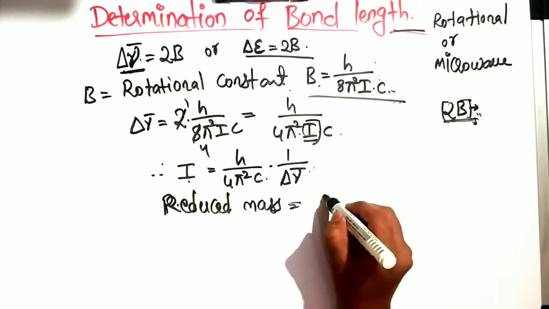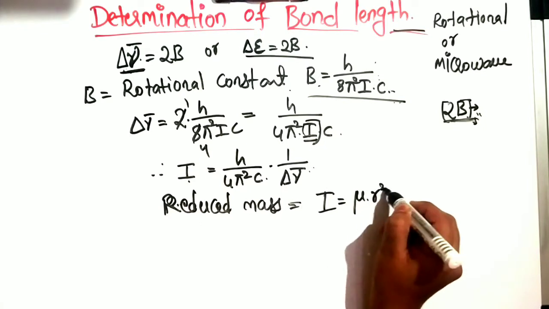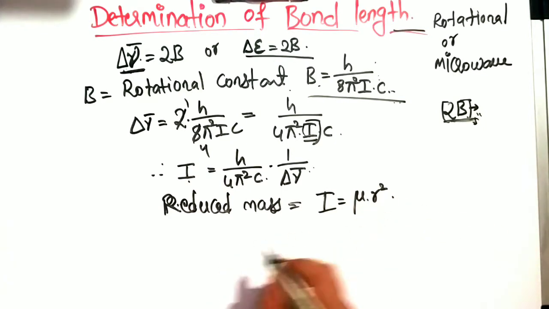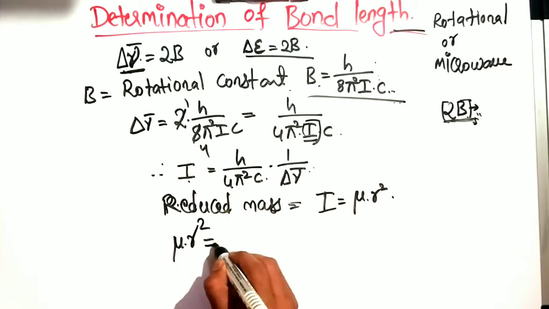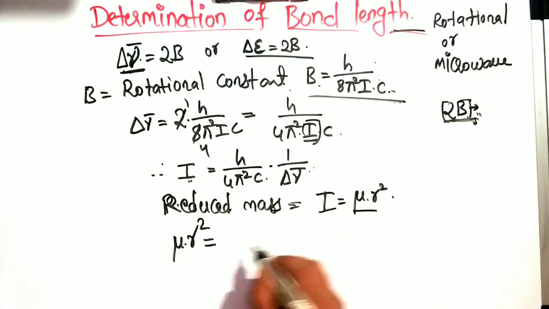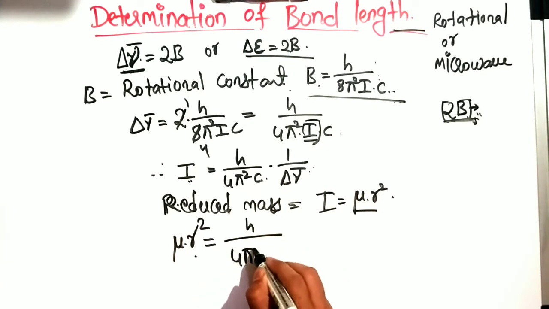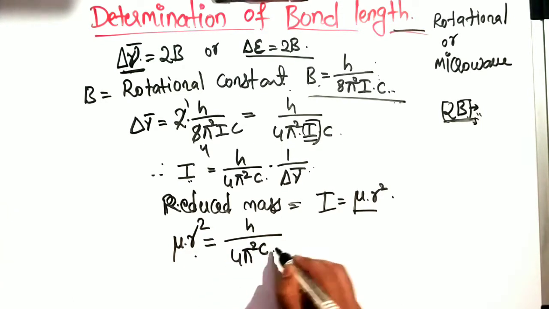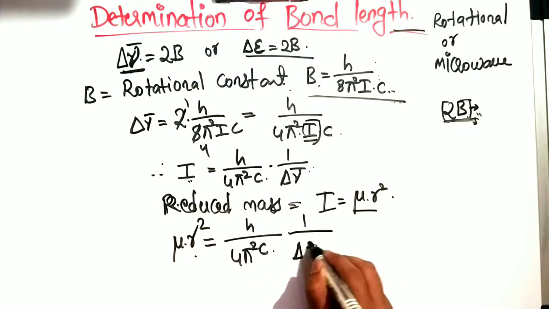Reduced mass: I equals mu r square. So instead of I, we'll write mu r square here, and h divided by 4 pi square c into 1 divided by delta nu bar.